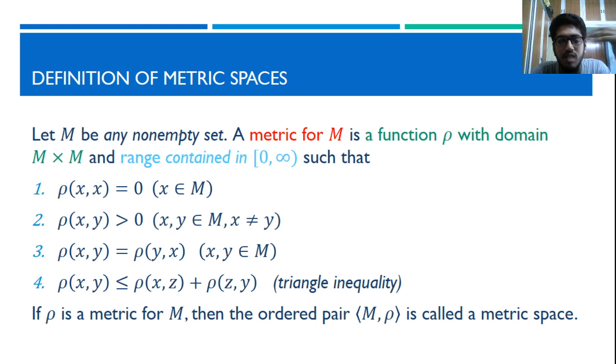But last week we noticed that those four conditions are not the only conditions required to define a metric space. In fact, there are six conditions in reality, and the first condition is on the domain. The domain should be M cross M. The range should be contained in the closed interval 0 to infinity, and then those four conditions.